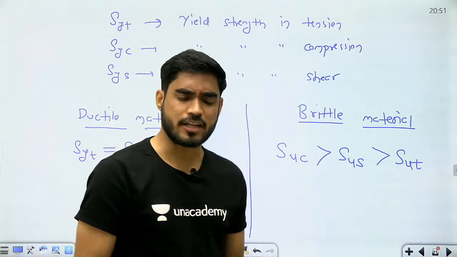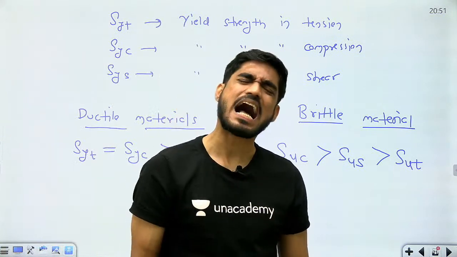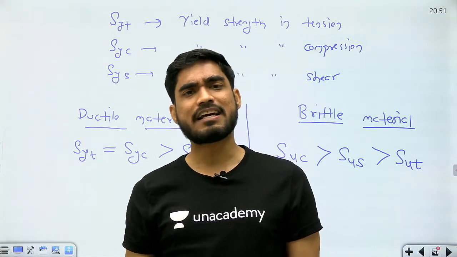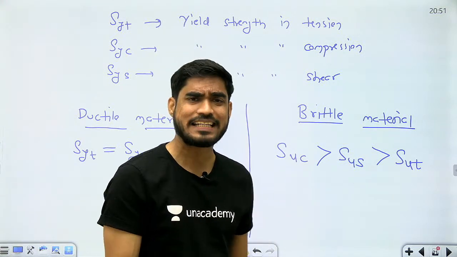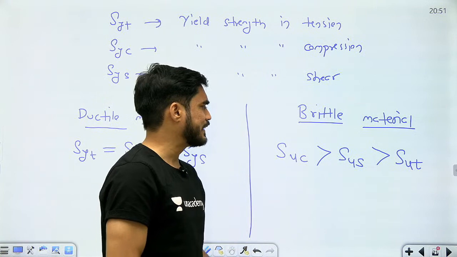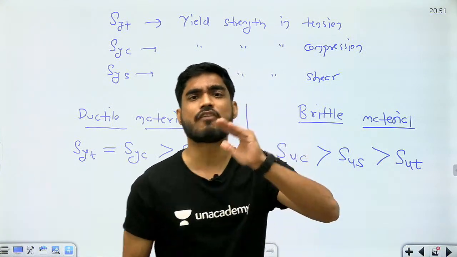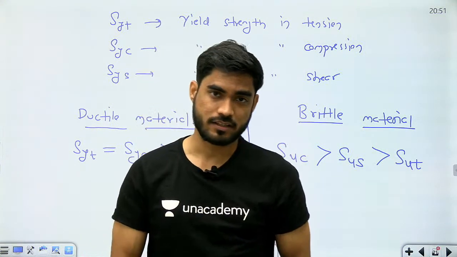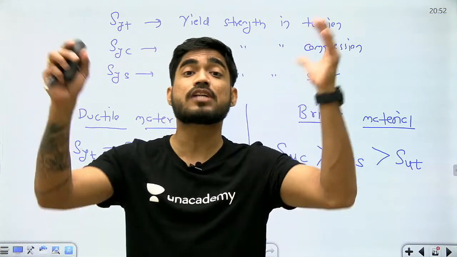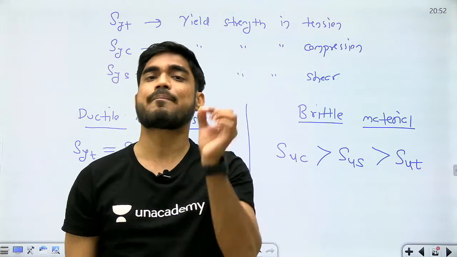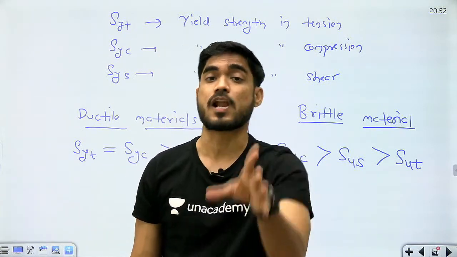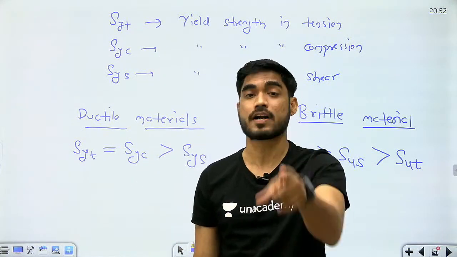So beta, a lot of brittle materials have a very high compressive strength but a very low tensile strength. For example, concrete. In case of concrete, the tensile strength is 1/10 of compressive strength. Means if I can apply 1000 megapascal compressive stress, then I can only apply 100 megapascal tensile stress in case of concrete.